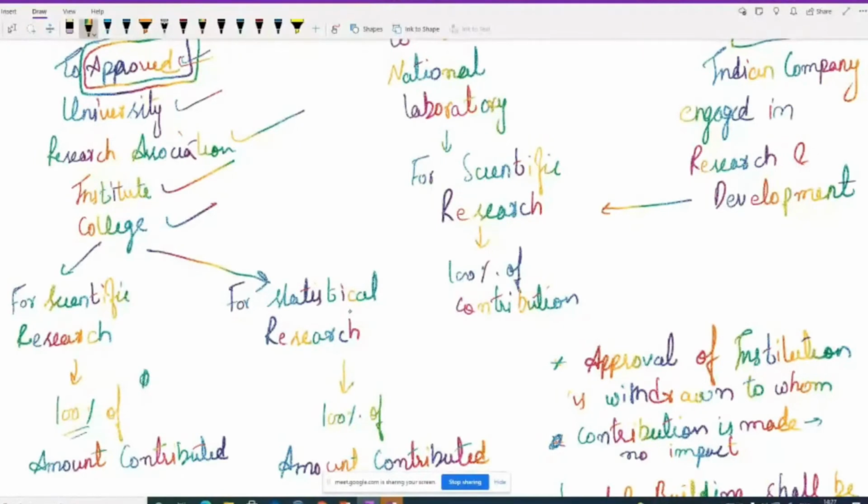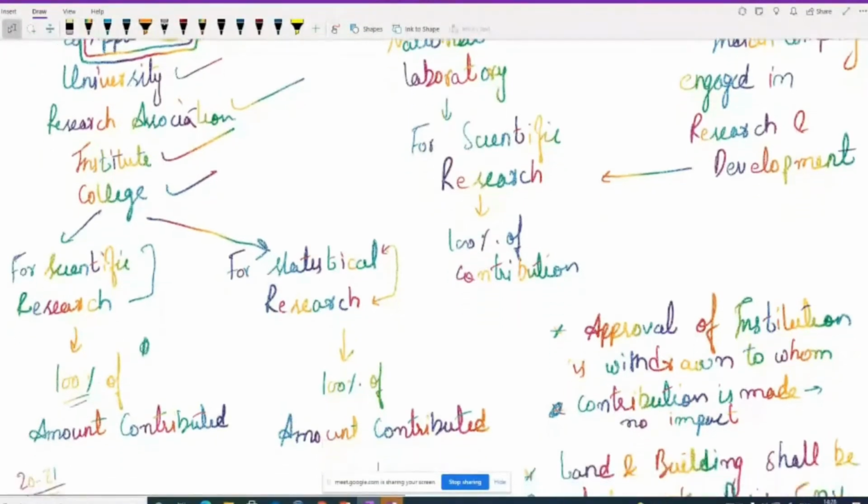Okay, and if that research is statistical research or social science research, again 100%. Whether the research is scientific, statistical or social science research, 100% deduction is allowed on the amount contributed, whatever you give. You will get the deduction in the form of expenditure. You can show that amount as an expenditure of your company in your P&L account.